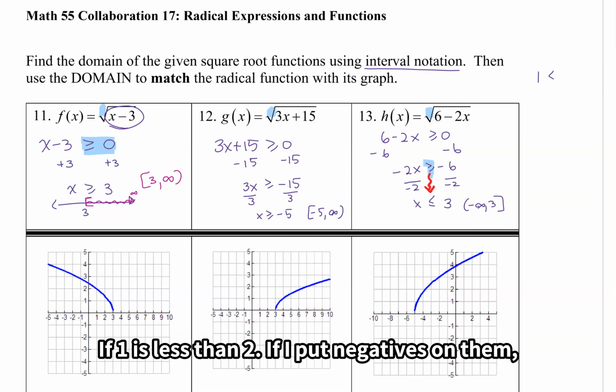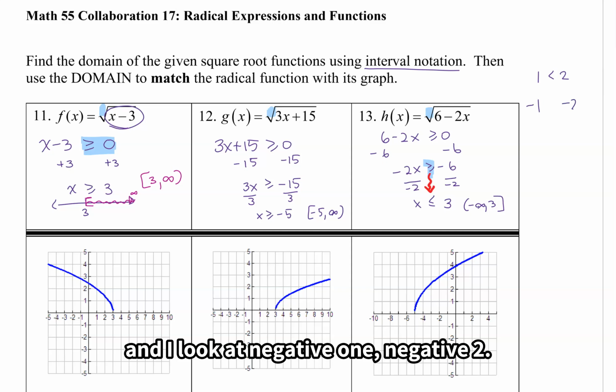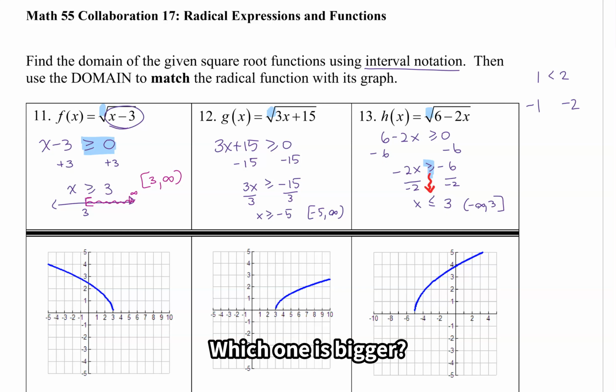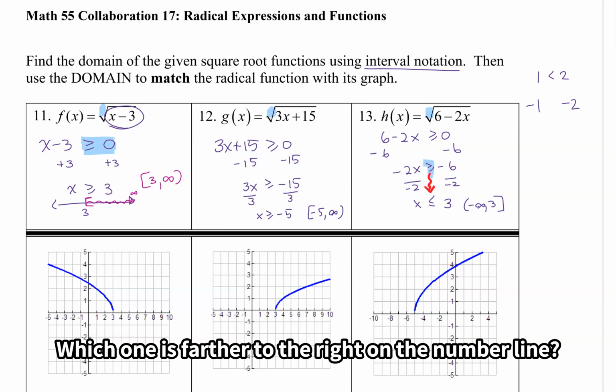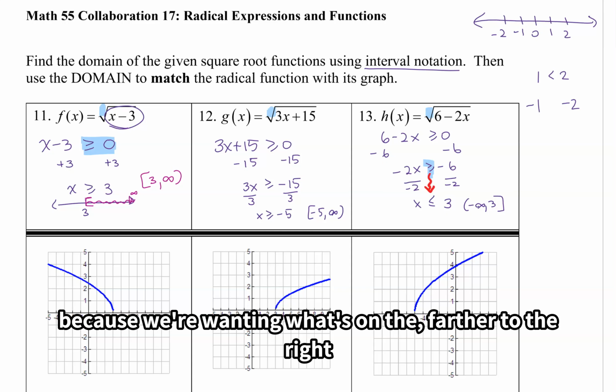If 1 is less than 2, if I put negatives on them and I look at negative 1, negative 2, which one is bigger? Which one is farther to the right on the number line? We say which one is bigger because we're wanting what's farther to the right on the number line.